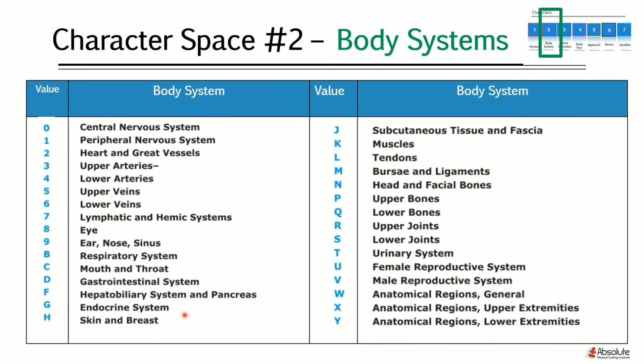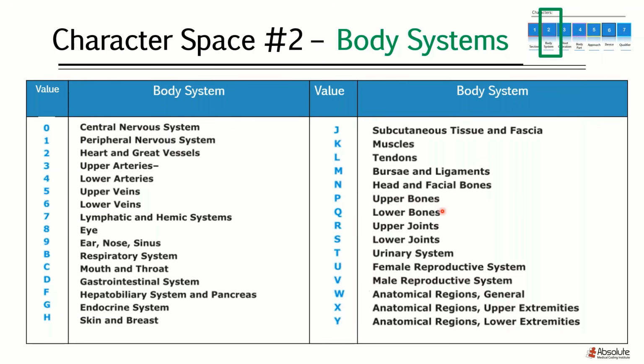If it's a G, you're coding for the endocrine system. H, skin and breast. J, subcutaneous tissue and fascia. K, muscles. L, tendons. M, bursae and ligaments. N, head and facial bones. P, upper bones.